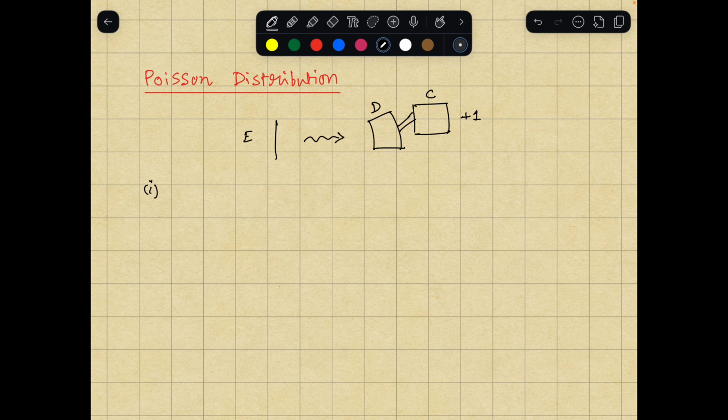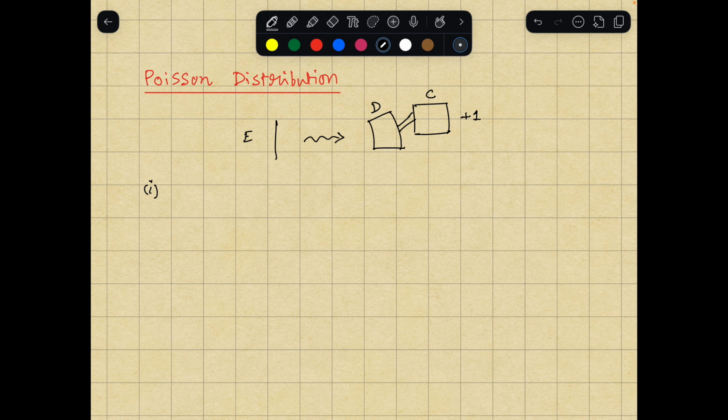That means suppose the kth photon is emitted, then the probability of getting the k plus 1 photon doesn't depend on when the kth photon hit.